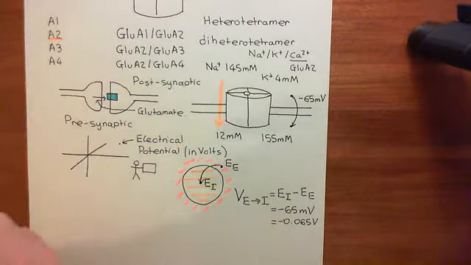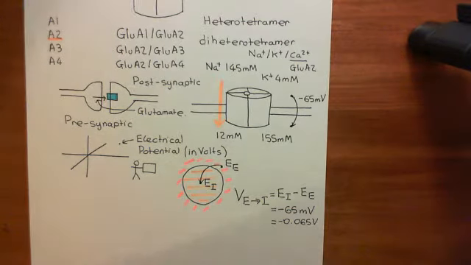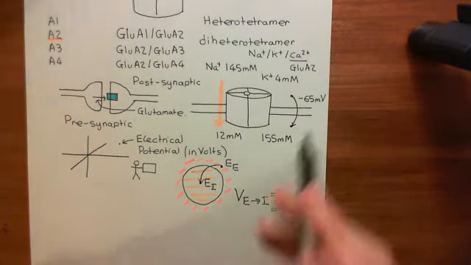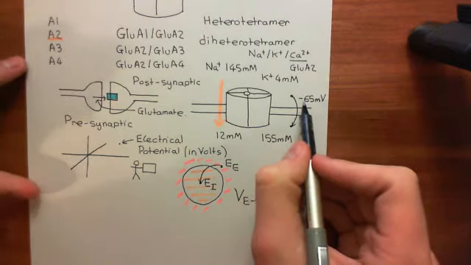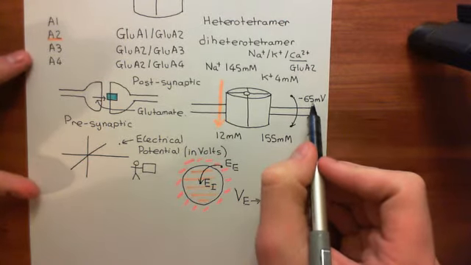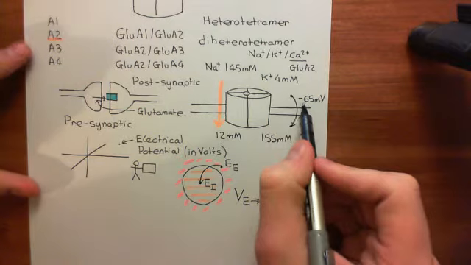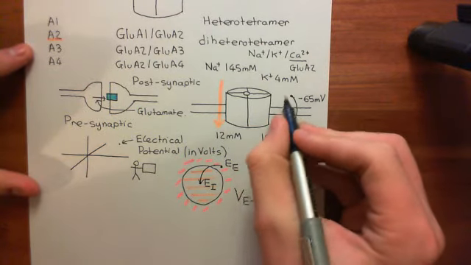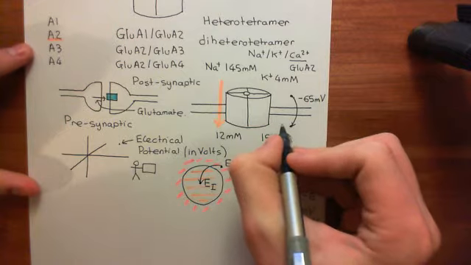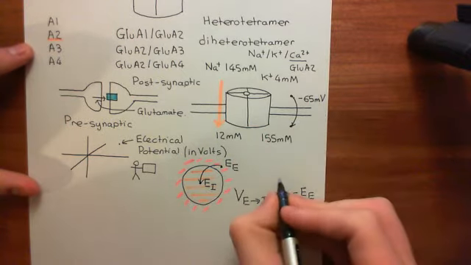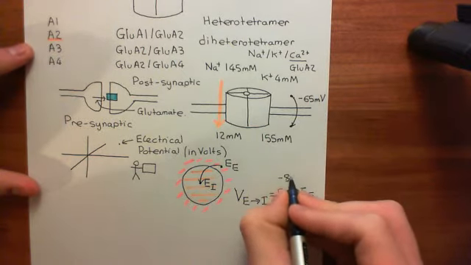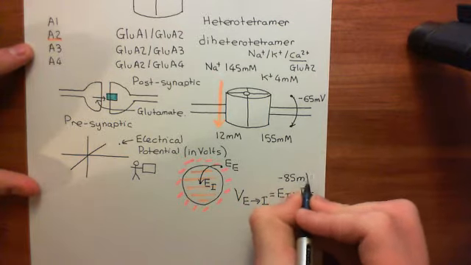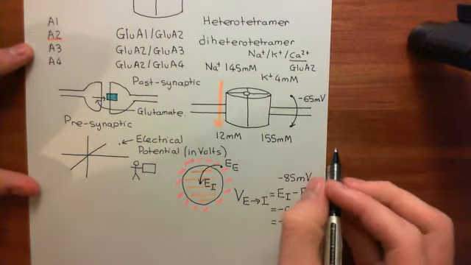The concentration gradient of 40-fold is stronger than the electrical potential difference of negative 65 millivolts across the cell membrane. In actual fact, if you wanted to completely stop the movement of potassium out of the cell because of the concentration gradient, you would need to take the electrical potential difference across the cell membrane down to negative 85 millivolts.